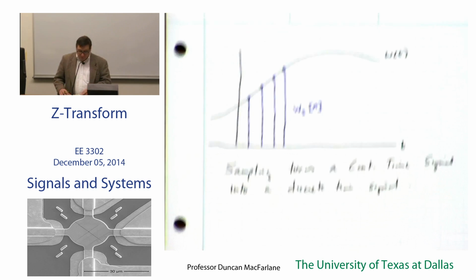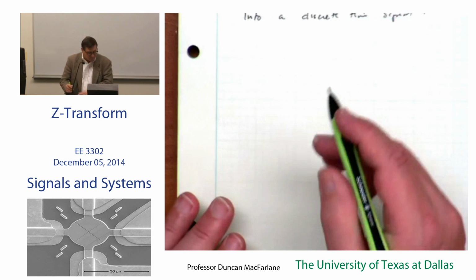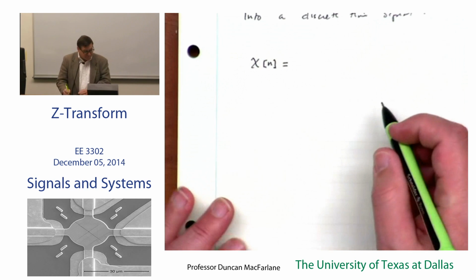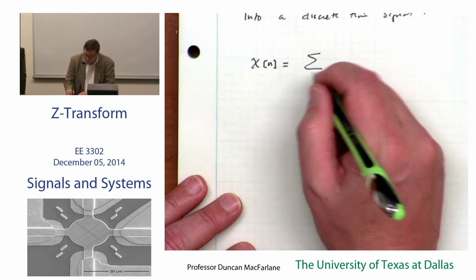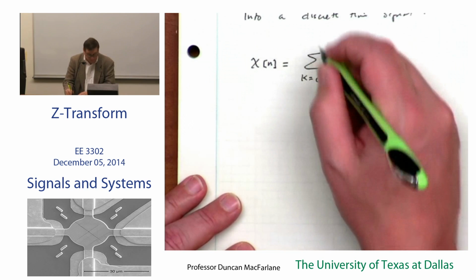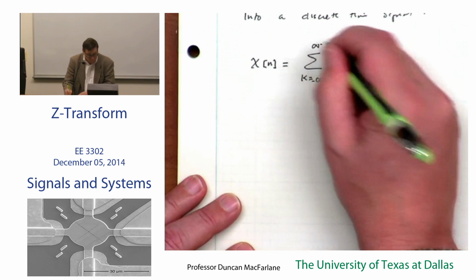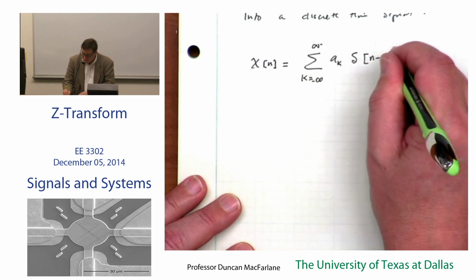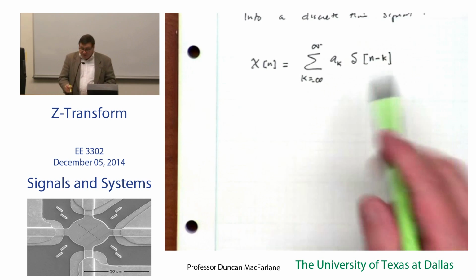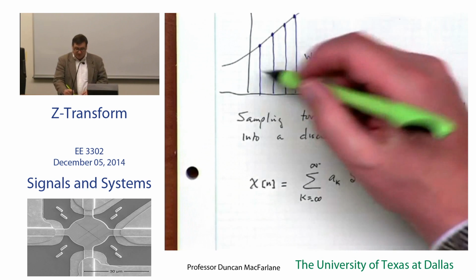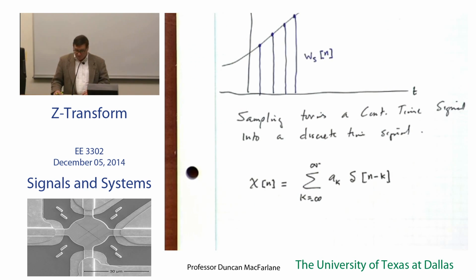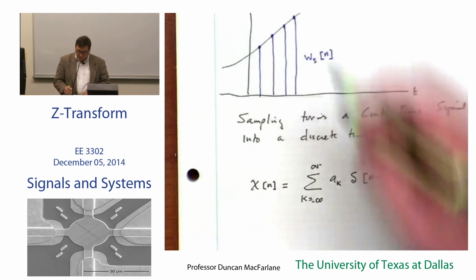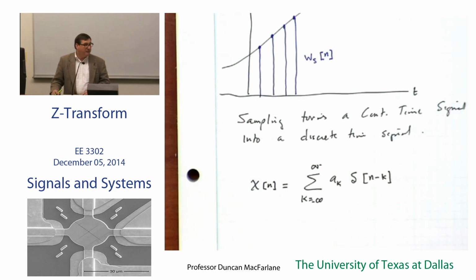So what I'd like to do is start with the most general discrete time signal. I'll just remind you that each one of these spikes, each one of these sampled signals, can be represented as a delta function, and then the height of these delta functions is given by a sub k.